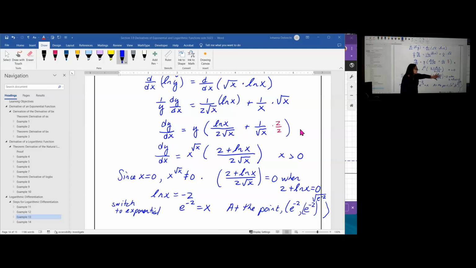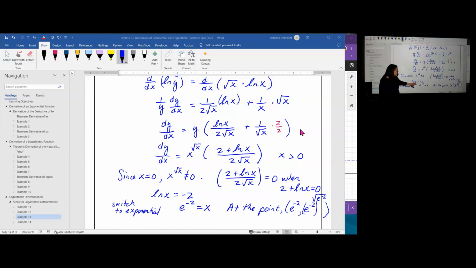That means that the factor 2 plus natural log of x, all divided by 2 square root of x, must be 0. That happens when the numerator is 0 and the denominator is not. We set 2 plus natural log of x equal to 0. And the next thing we want to do is switch to exponential form.